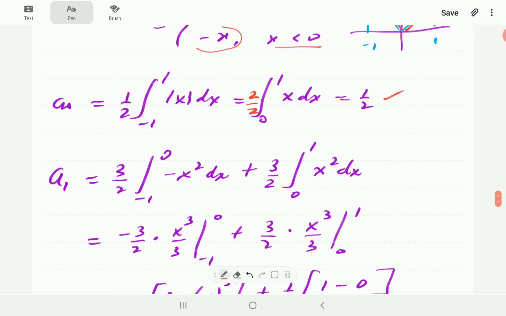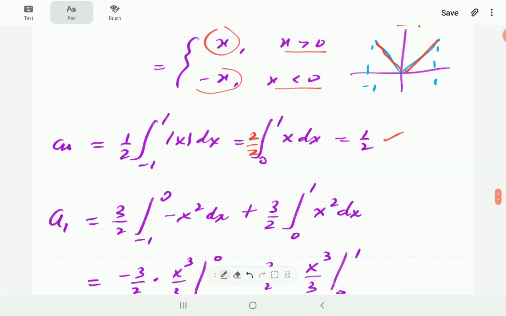Then for a1, on the left hand side, this becomes negative x. Remember, p1 is x, so this is going to work out to negative x squared.